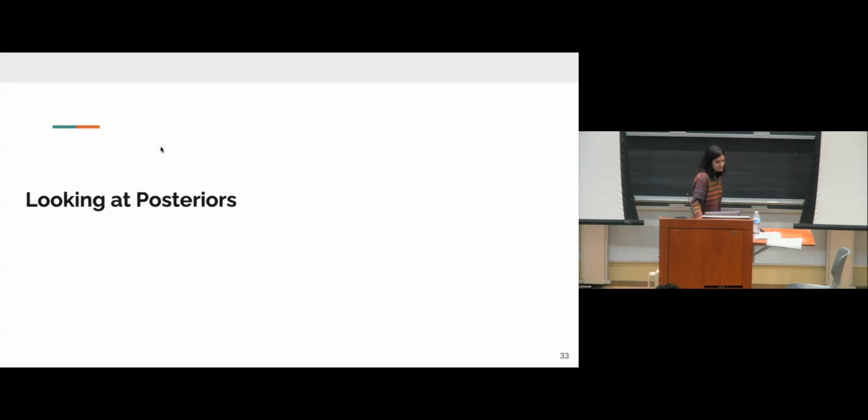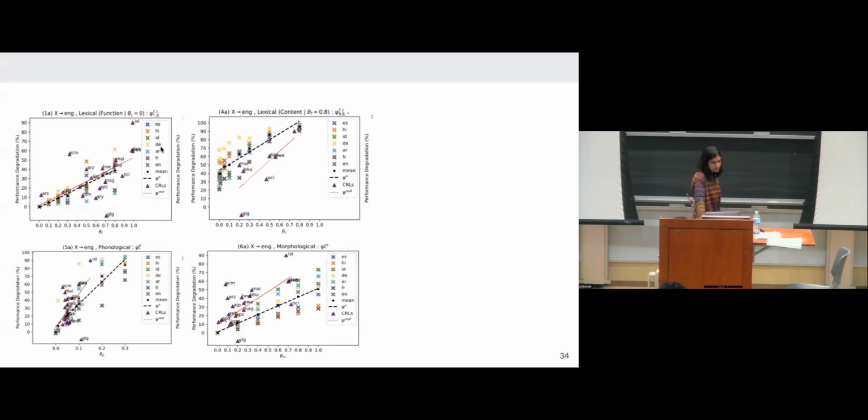And yeah, so we want to look at whether the trends on the real languages follow the ones that we computed on artificial languages. And so for the low resource languages and tasks that we do have data for, this is all Flores, we can plot the observed performance degradation against our computed posterior data.